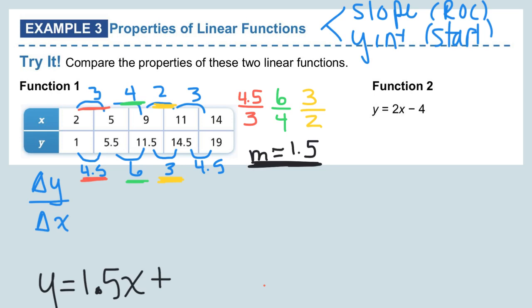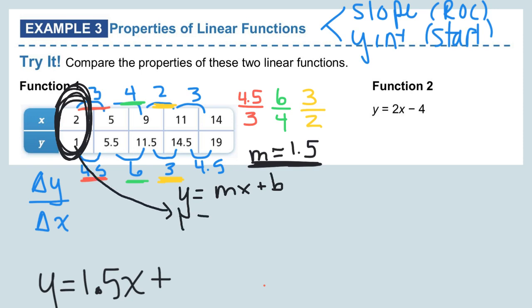So I am going to use something called point slope form. In order to do that, I'm going to use any one of my ordered pairs. I'm going to use this one. And if you remember, y equals mx plus b. Well, the y is 1, the slope is 1.5, and the x is 2.